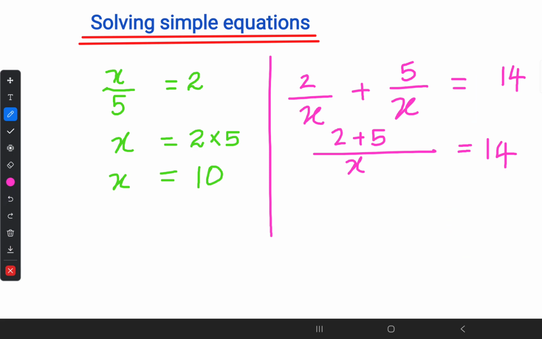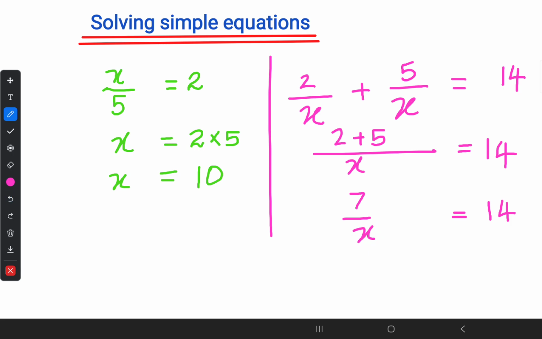That will give you a better idea about the simplification. So 5x plus 2x is 7x, so 7x upon 10 equals 14. Our question is solving a simple equation. You have to solve this to get the answer for the unknown constant. Here the unknown constant is x.